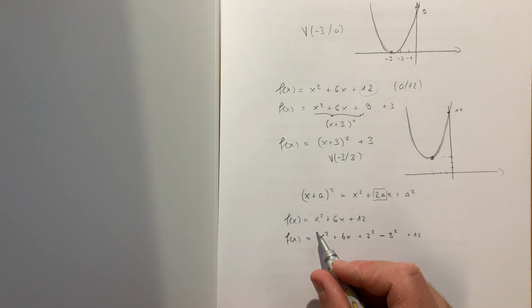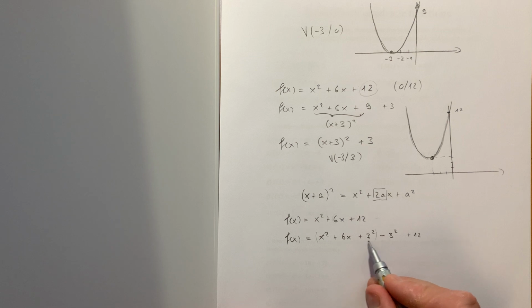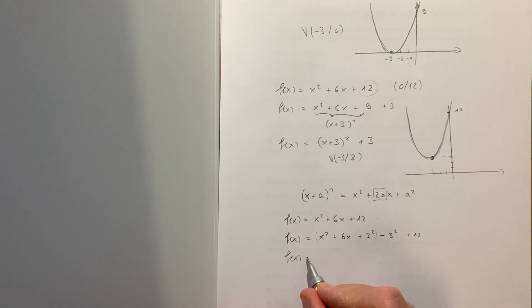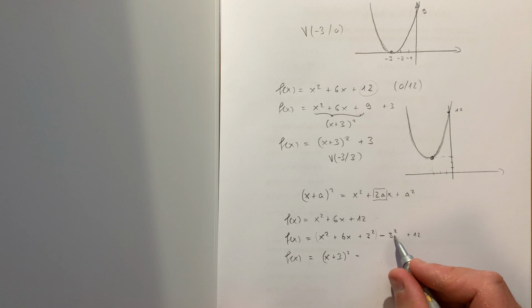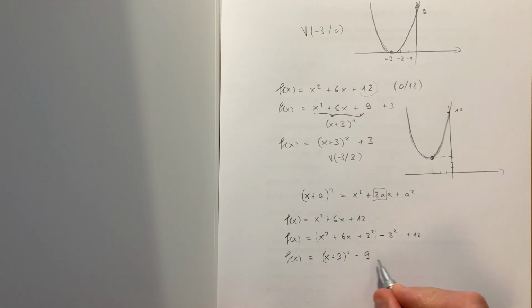So now I can say, well, this in fact is going to be a binomial formula. f of x is x plus 3 squared minus, well, this is minus 3 times 3, so minus 9 plus 12. And now f of x is going to be x plus 3 squared plus 3.